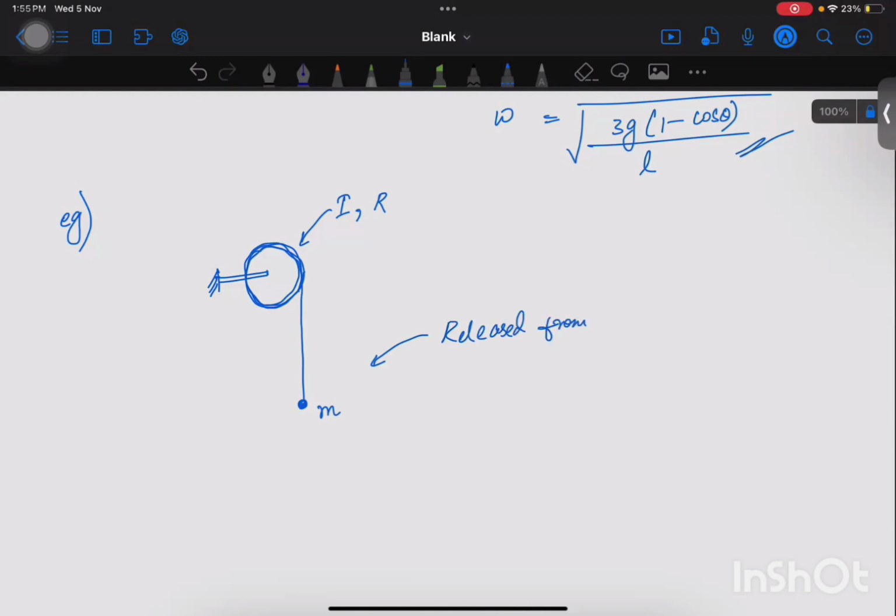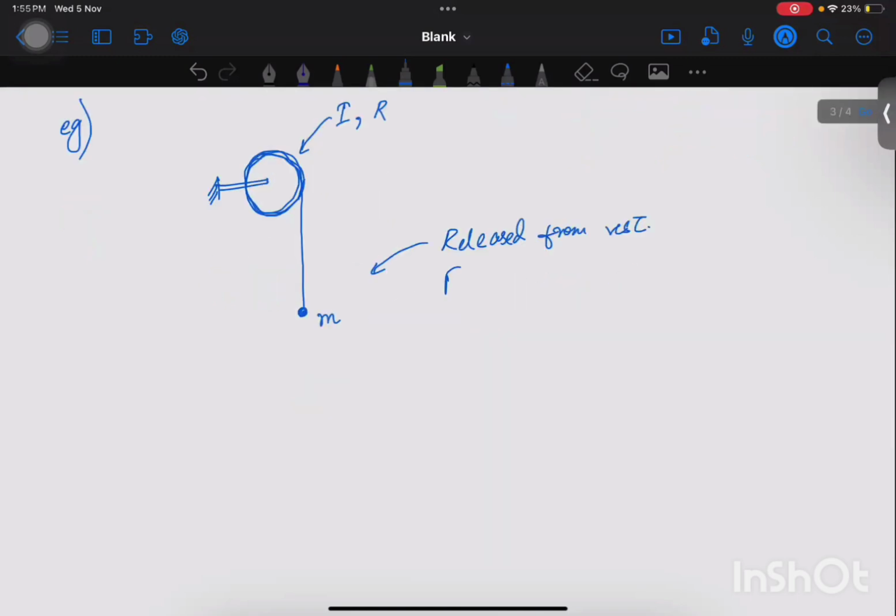Released from rest. And we want to find out, number one, what is the speed of M after it descends by a certain height h. Initially, the system is starting from rest.